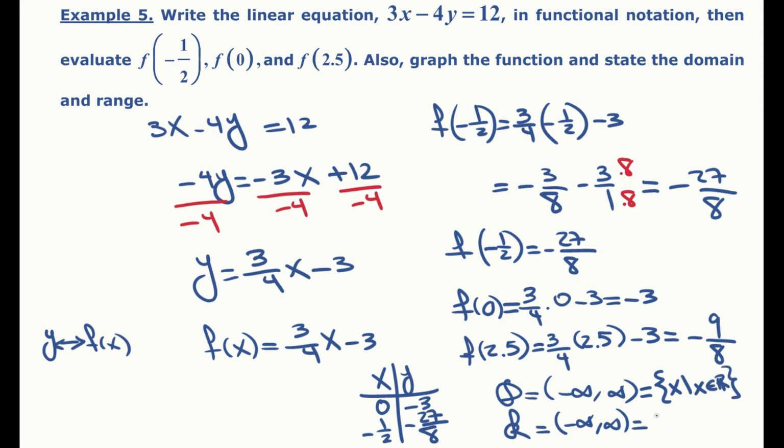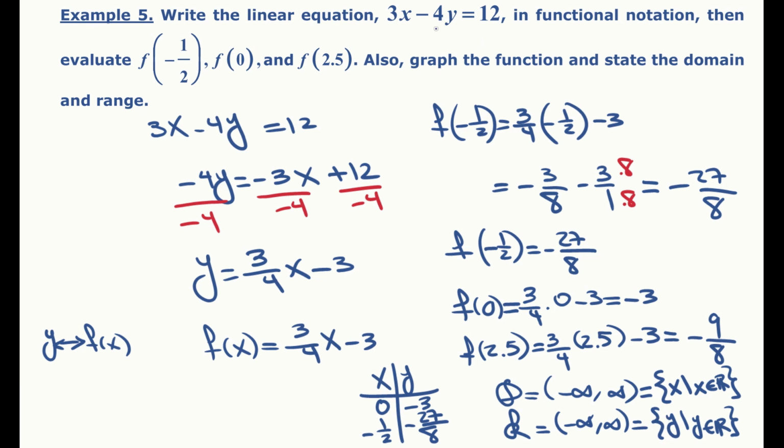But this one would be the set of all y such that y belongs to R. So even though they look identical in interval notation, they do look distinct in set builder notation. All right, and that is how we would handle a problem like that.